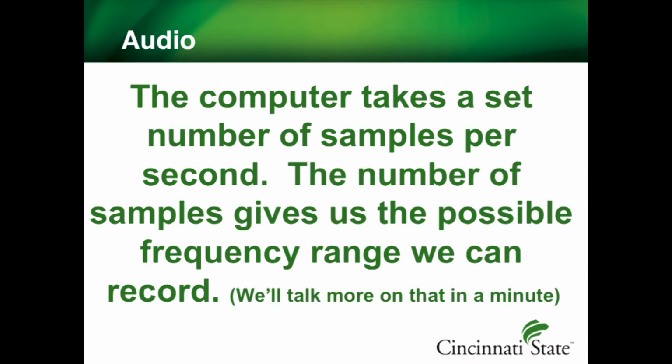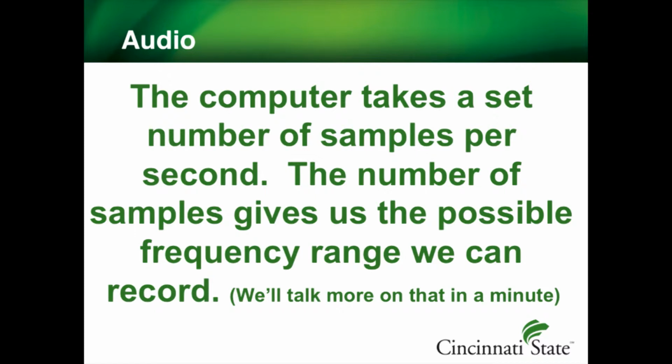The computer takes a set number of samples per second. That's important as well, which we'll get into when we start talking about frequency. How digital computers record frequency is based off of the number of samples per second they take, but we'll get to that in a few more lectures.